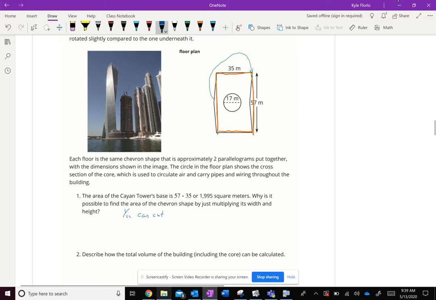You can cut a triangle out from the top left vertex to the bottom right. Excuse me, bottom left.